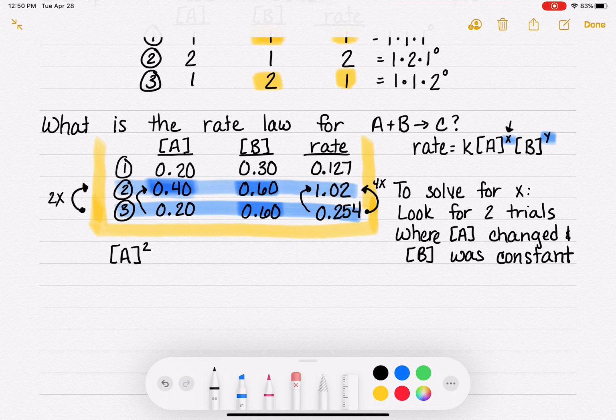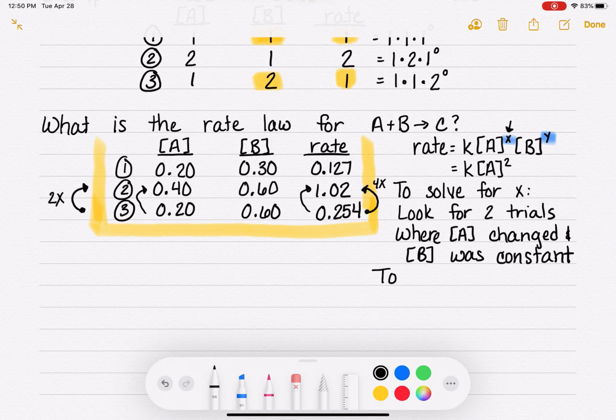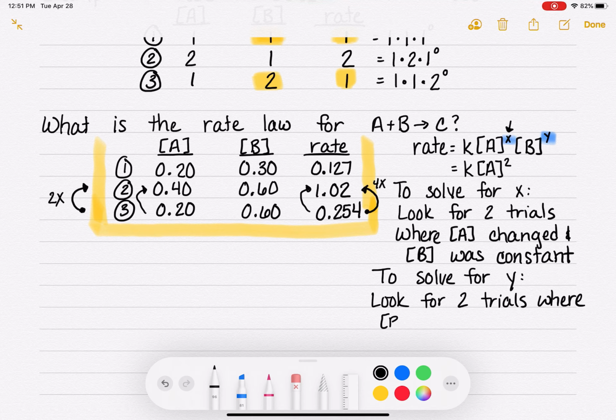What about our B term? Actually, I'm going to write this over here. k A squared. Let's see if we can figure out B. So to solve for B, or to solve for y, this time we want to look for two trials where B was changed and A was kept constant.